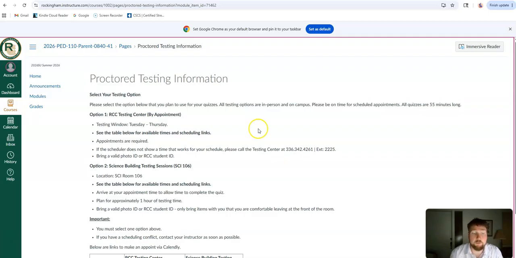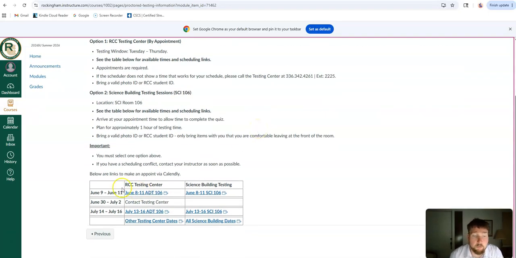So if you scroll down, I have this schedule. Your Unit 1 test will occur between June 9th next week through June 11th, so Tuesday through Thursday. For Unit Test 2, there is not a Calendly link, so you'll need to contact the testing center, and they should be able to accommodate all of you during those days.